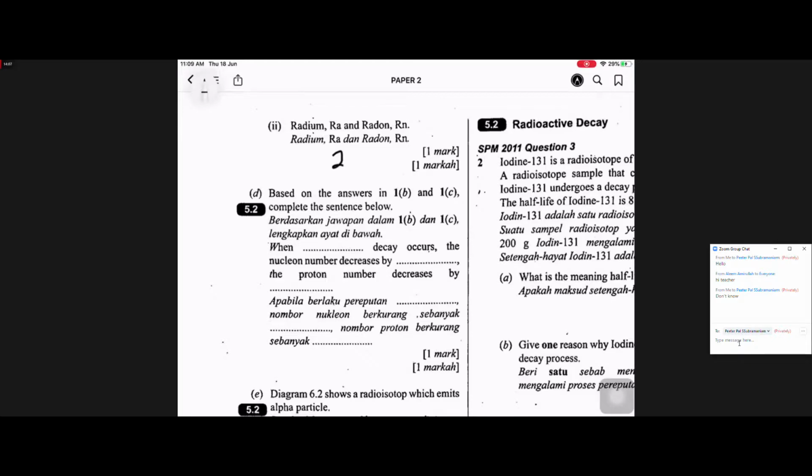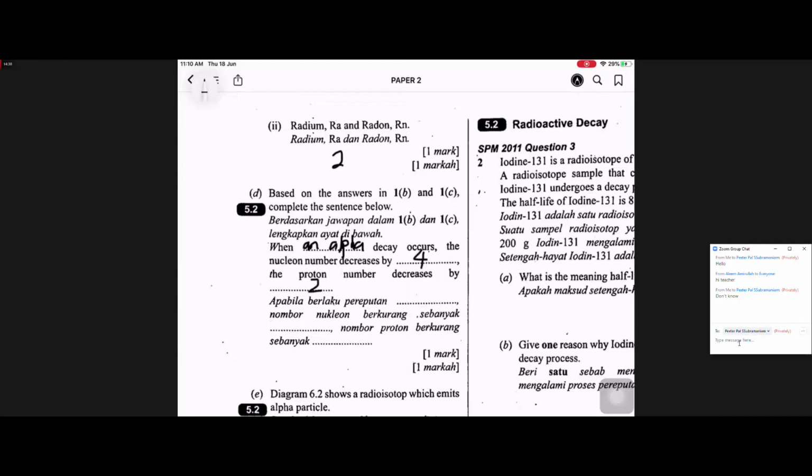Based on the answer, when an alpha decay process occurs, the nucleon number decreases by 4, the proton number decreases by 2.